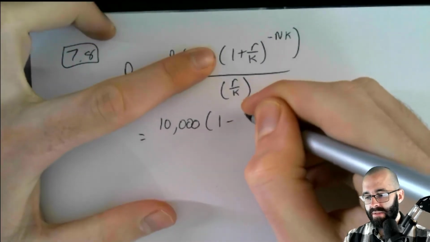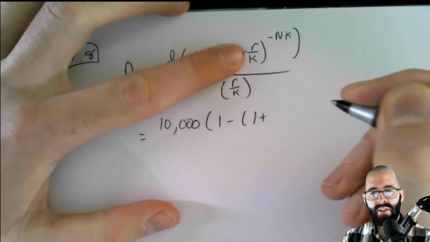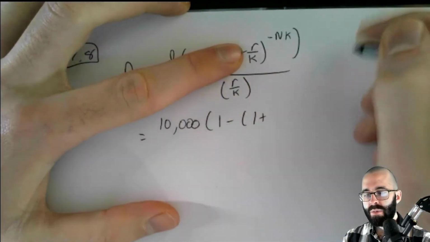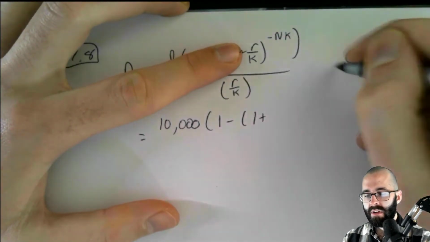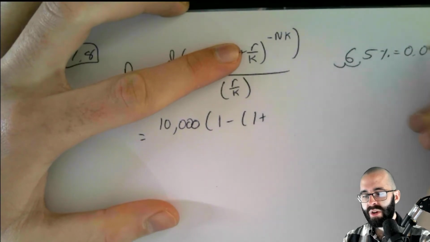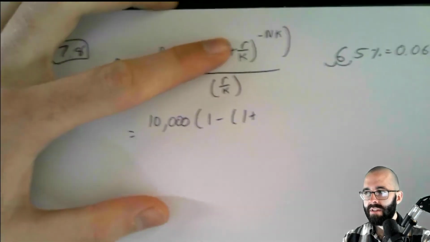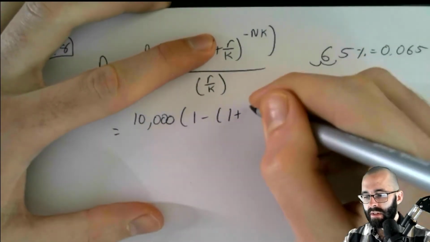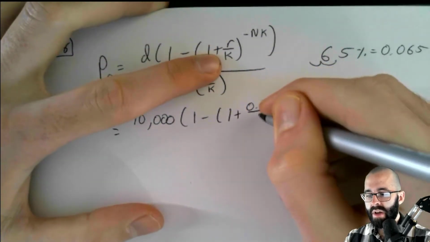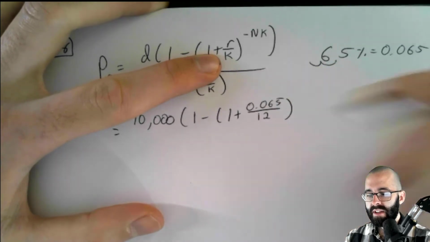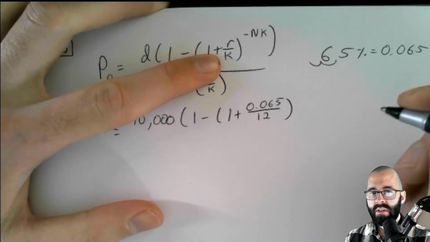1 minus, parentheses, 1 plus the interest rate, which is 6.5%. Especially when there are decimals, be careful: move it 2 places to the right. That's going to be 0.065, divided by k. He's doing it every month, 12 months in a year, so k equals 12.